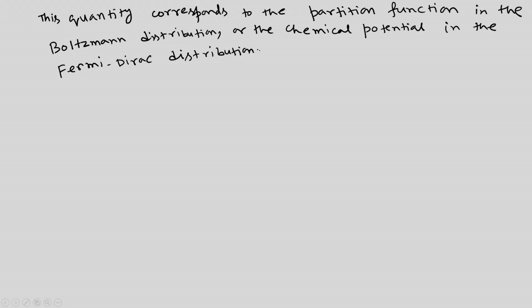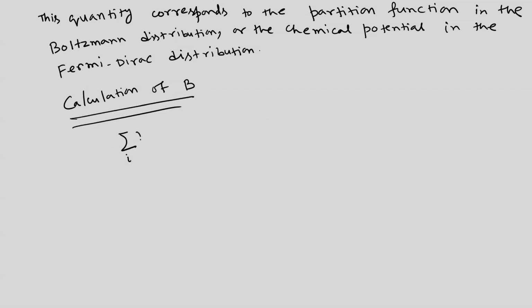Now, we need to calculate what is the value of B. So, we know sum over I Ni gives N. Suppose this is our equation 1, where capital N is the total number of particles.